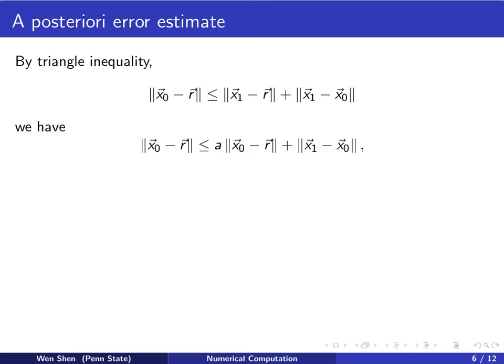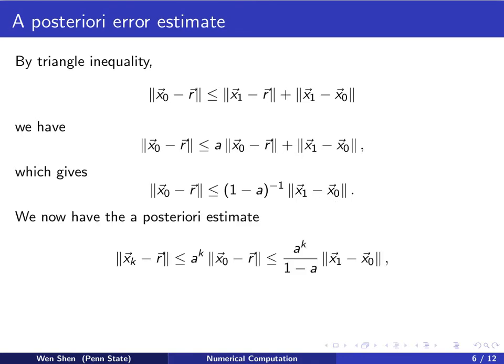So if we replace this by that, we keep the inequality. Then we see that these two terms are the same, so we could move this to the left and get a 1 minus a, and then we can move the 1 minus a to the right. So this gives us the following inequality. The initial error is bounded by 1 over 1 minus a times the distance between the first iteration and the initial data.